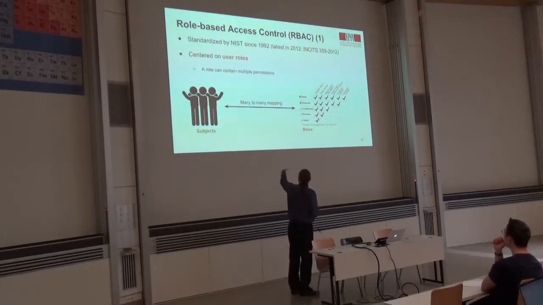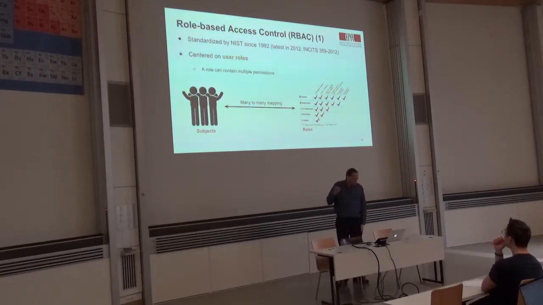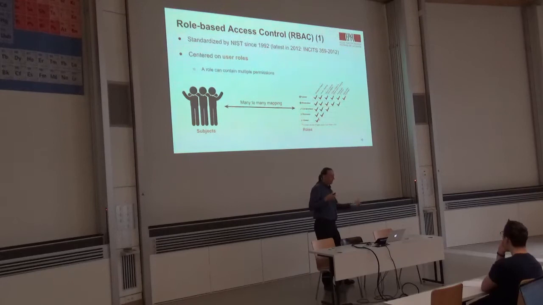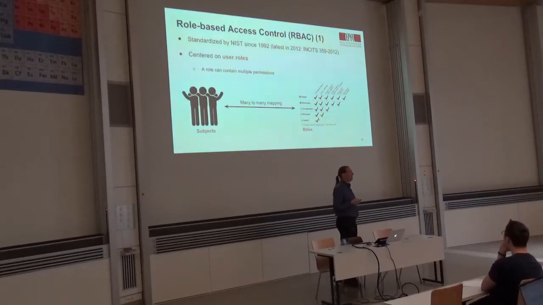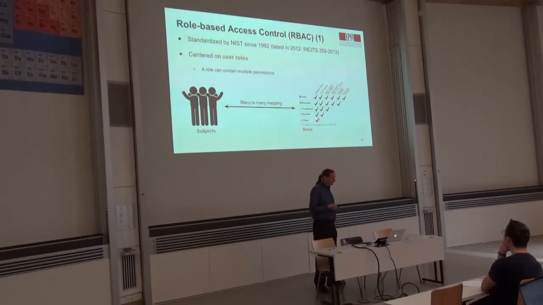And then in a separate step, you associate users with roles. The administrator says, okay, user Alice has the role owner, and Bob has a different role. Sometimes users can play multiple roles, which means they have the access of each of the roles.